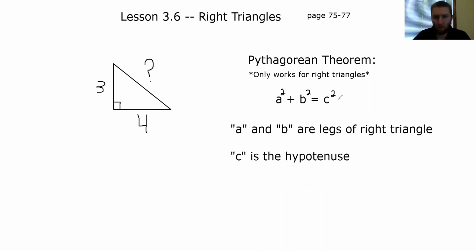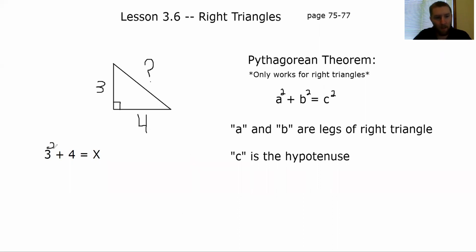We can use this formula, a squared plus b squared equals c squared, to find that value. We can set up 3 squared, because that's one of my legs, plus 4 squared is equal to question mark squared. Instead of a question mark, I'm probably going to put an x, because that's generally what we use for unknown values.